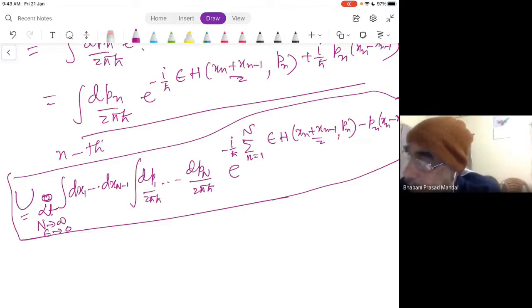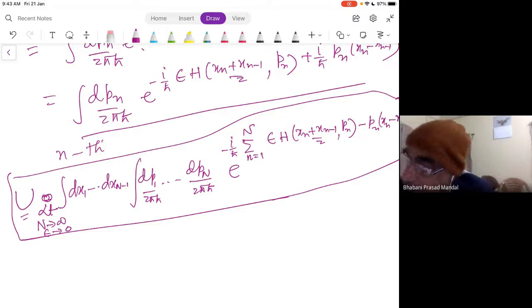So this is my u, and now you have to see that you have to perform this calculation, and you can perform this p integration.